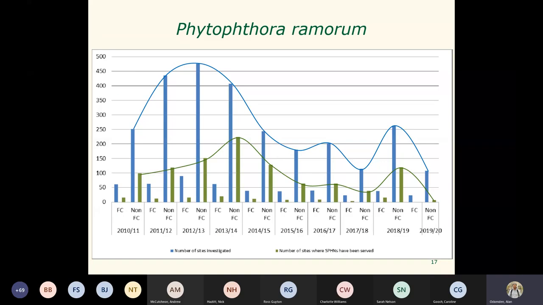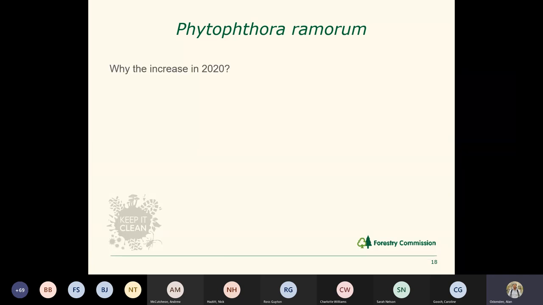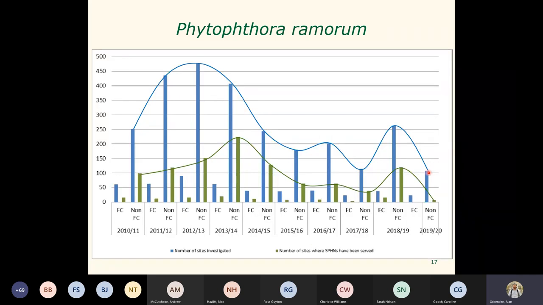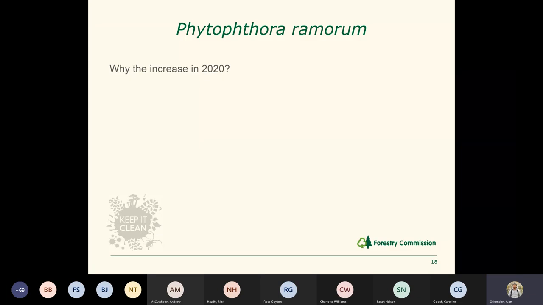The other line that's just come up now is the number of notices that were served on those private woodlands as well. Sorry, just to go back on that one. So thinking about context for where we are from last season, for private woodlands, we're probably up to around about this point with regards to the number of sites that we've looked at, and probably somewhere around about here for the number of notices we've issued. So again, quite an upward tick.